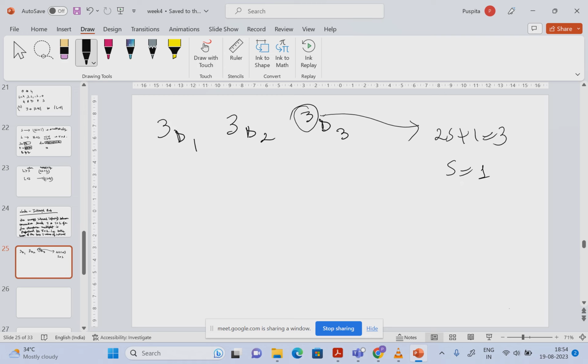Right. So what will be the separation between these three? The separation between 3D1 by 3. Okay, sorry.